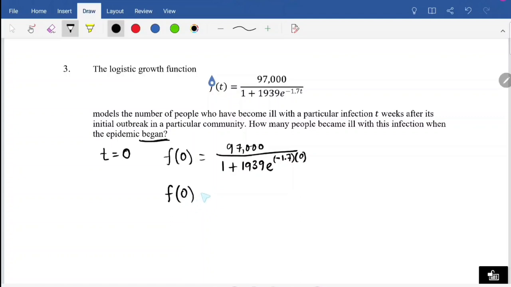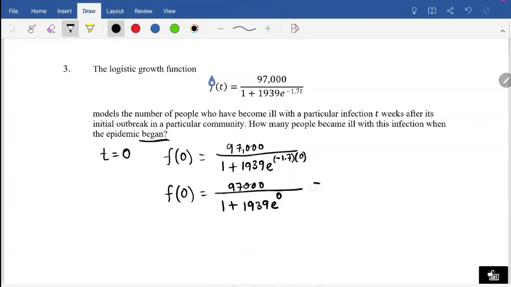We have f of 0 equals 97,000 divided by 1 plus 1939 times e to the negative 1.7 times 0, which is 0, correct? And any value raised to the power 0 is always 1.